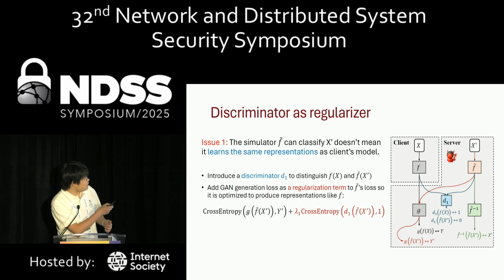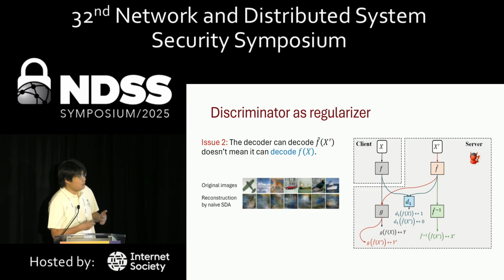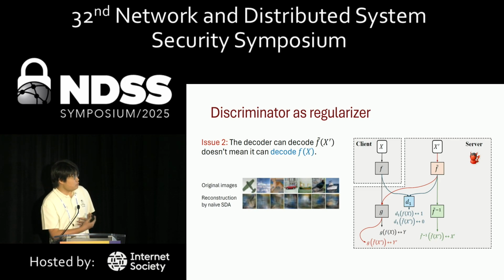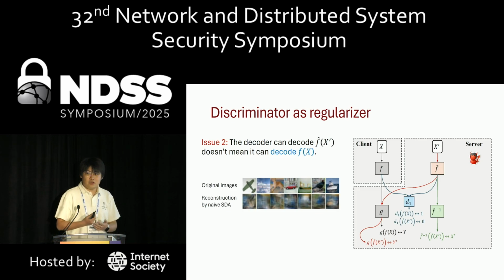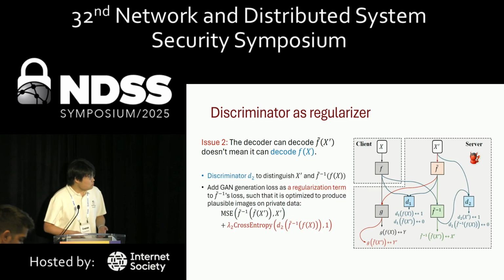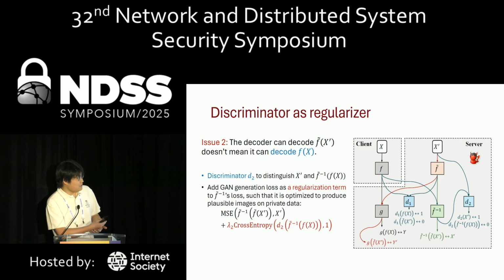So the next issue is that the decoder can perfectly decode its own white box simulator tutor f, but when we use that decoder on the intermediate representation we receive, the reconstruction looks like this. So apparently it doesn't look like real images. And recall that our server has access to real images, which is X prime. So we can introduce another discriminator D2 that tries to distinguish the real images X prime and the reconstructions of the client data.